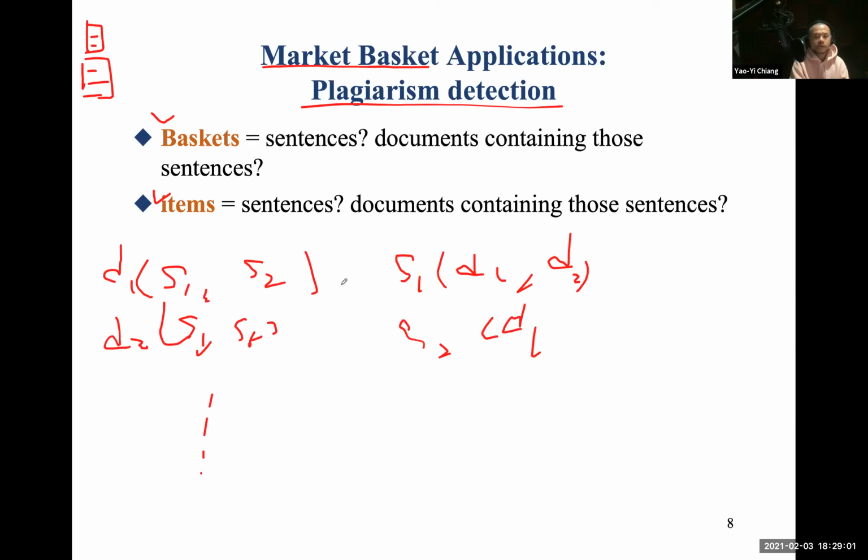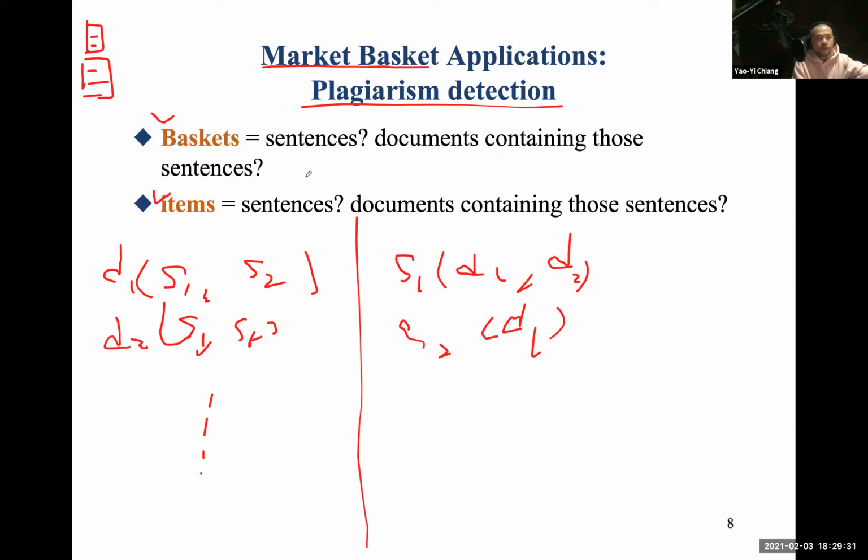Okay, so this is just different representations of the same data set, right? So what do you guys think? We have some answers in the chat. Basket is the document, items are the sentences. Okay. Any more people wants to answer?